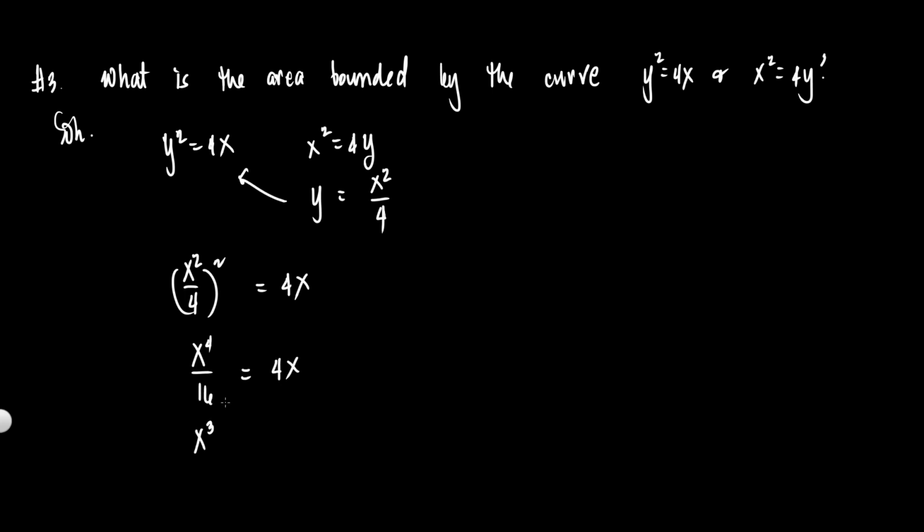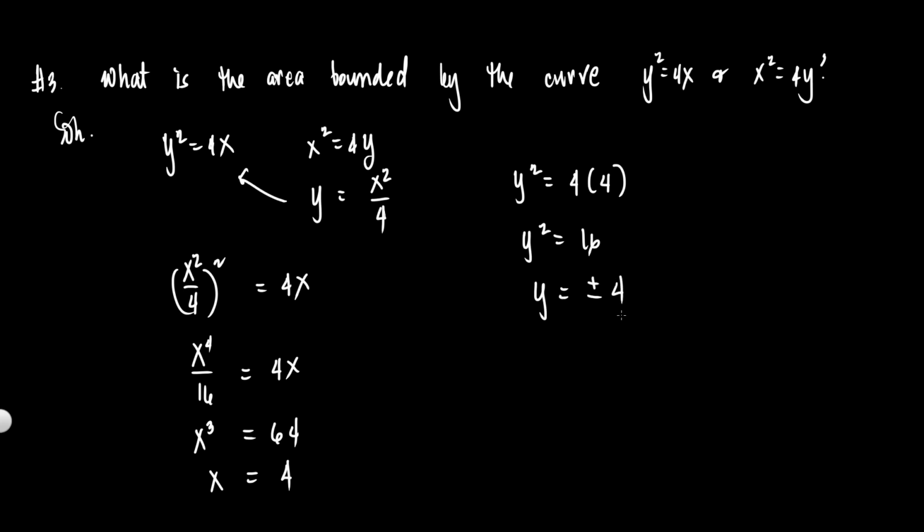We have x cubed, 16 times 4 is 64. So x is equal to 4. So when x is 4, y squared is equal to 4 times 4, so y squared equals 16, or y is equal to plus or minus 4.